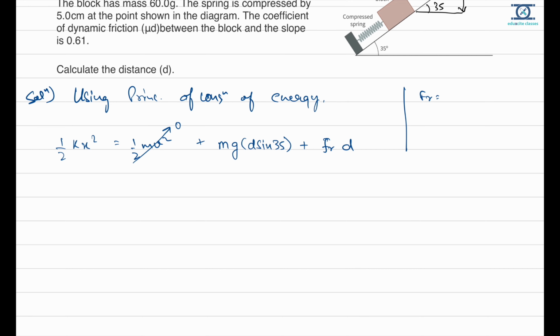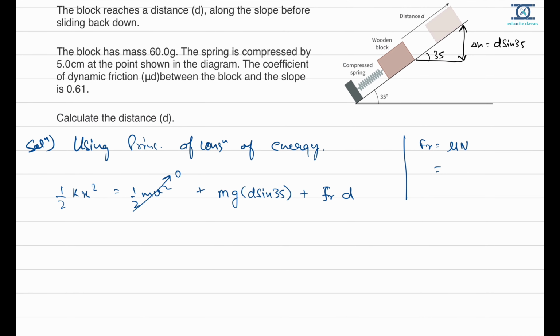Friction is nu times N, and on an inclined plane, if you remember, if this is mg, this will be mg cos 35, and this will be N, right? It is inclined, so the normal is perpendicular, so this will be nu times mg cos of 35.